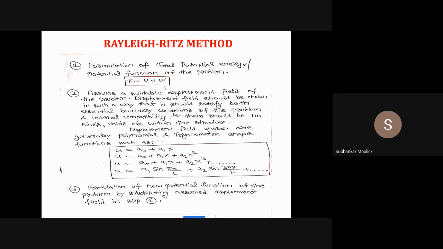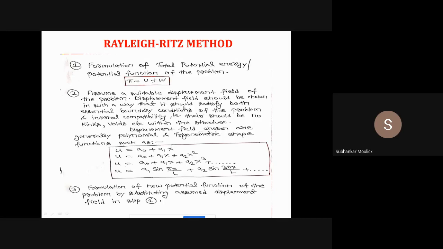You also know that this displacement field can be a polynomial function, it can be a trigonometric function. You can choose a higher order polynomial, or a lower order polynomial function. If you choose the higher order polynomial function, your result will be more accurate. If you choose the lower order polynomial function, your results will be less accurate.